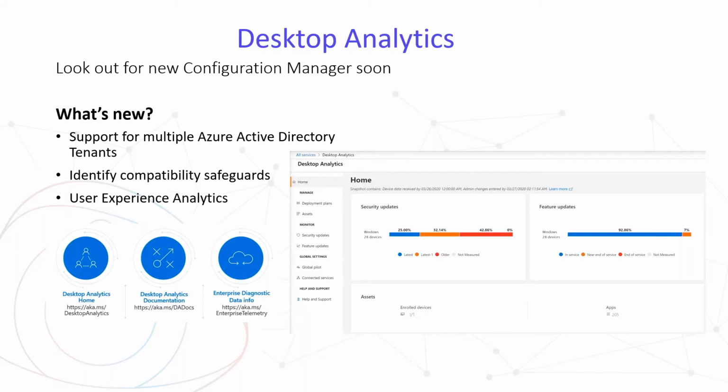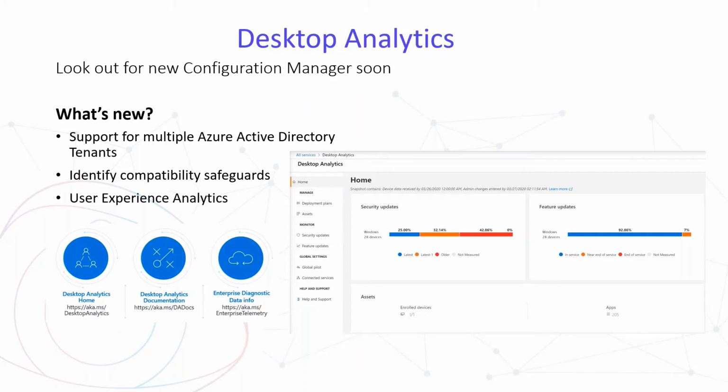User experience analytics is something that is big on the agenda. It's something that I would expect to be seeing more and more of. And the basic concept of that is if you're using desktop analytics to review your compatibility and assessment of your devices and applications, that in turn relates to user experience.